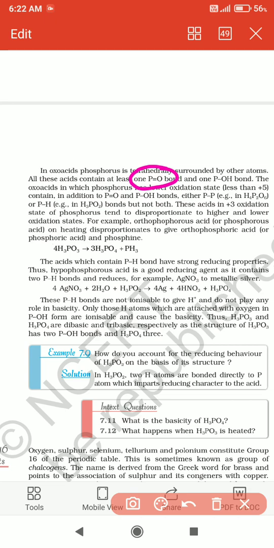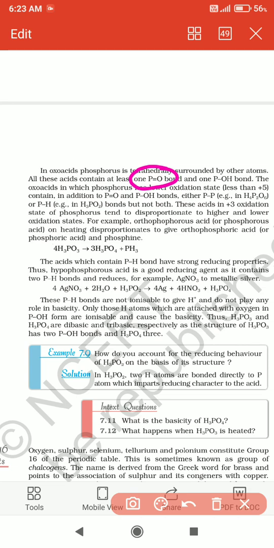For example, orthophosphorus acid on heating disproportionates to give orthophosphoric acid, and phosphine is also produced. That means if you apply heat energy to the H3PO3 molecule, it decomposes into H3PO4 plus phosphine.